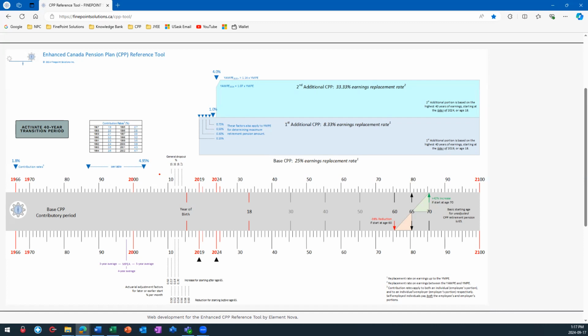Red is also used to show the full 4-digit year for key years such as 1966, when the CPP started, and for 2019 and 2024, when the two parts of the enhanced CPP each respectively started.